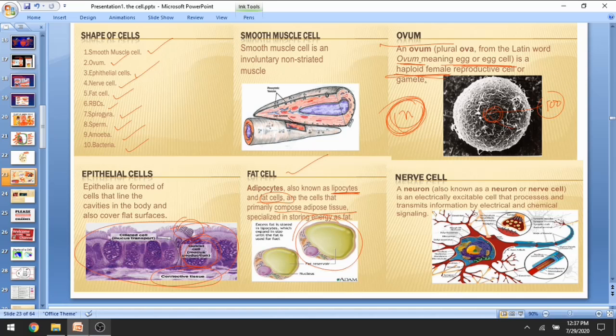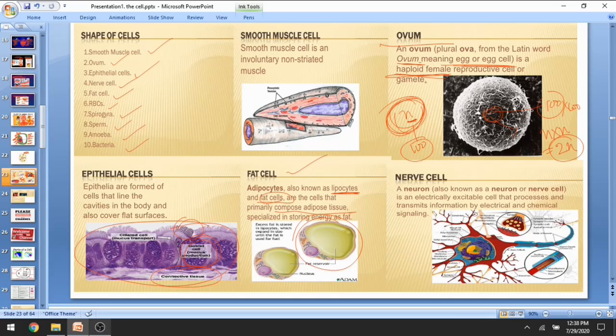If 200 are present, that means 100 and 100, two sets are present. Each set is said to be n, and together they create two sets of genetic material, that is diploid, 2n. If it contains only a single set, that is 100, it is genetic material in the haploid stage.